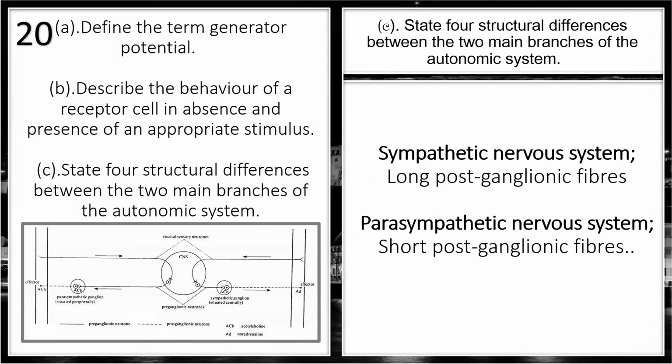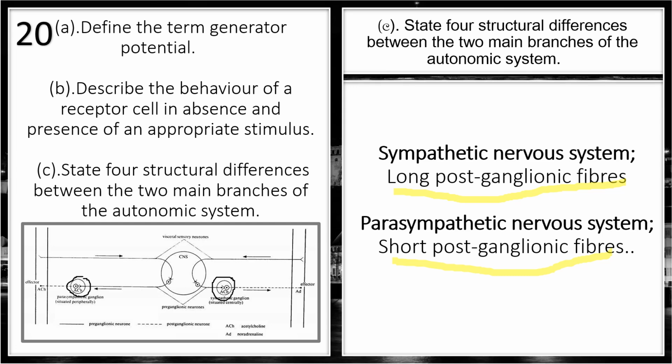Here we are saying that the sympathetic nervous system has a long postganglionic fiber, and the parasympathetic nervous system has a short postganglionic fiber. And now if we look here, this is our ganglion of the sympathetic nervous system, and this is also a ganglion of the parasympathetic nervous system.